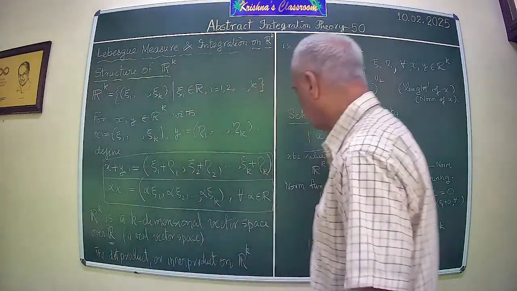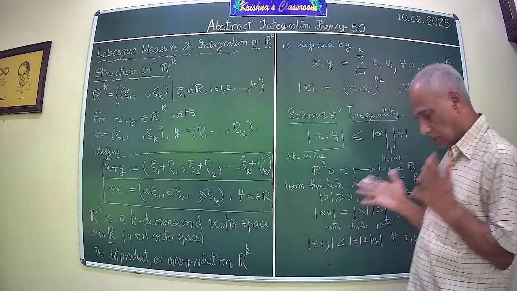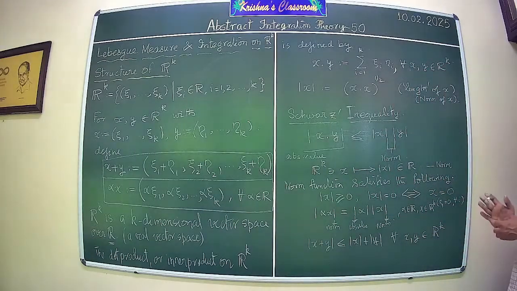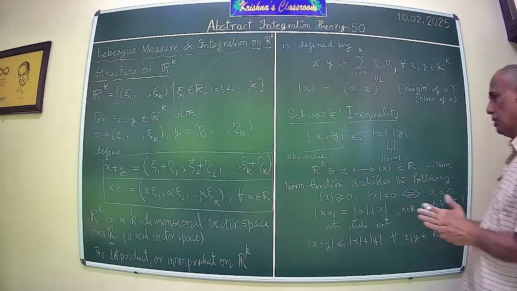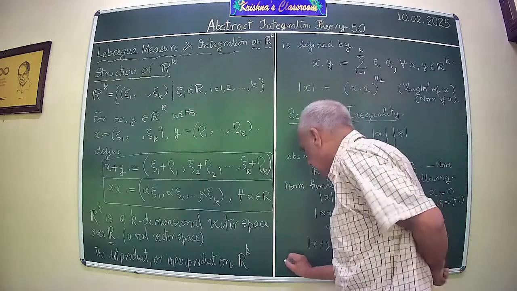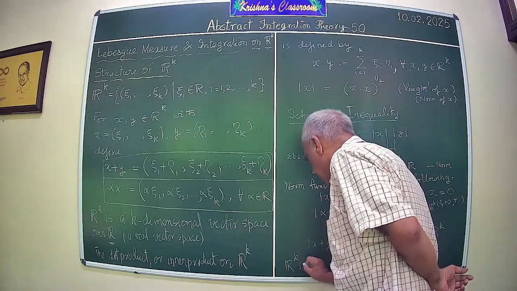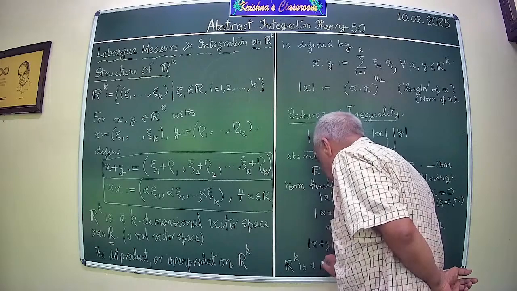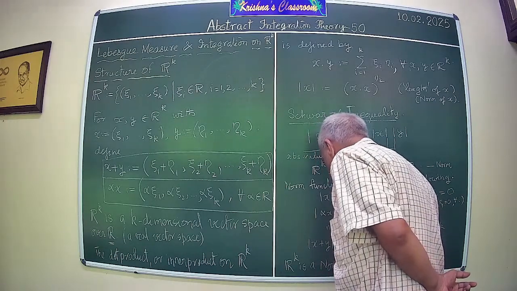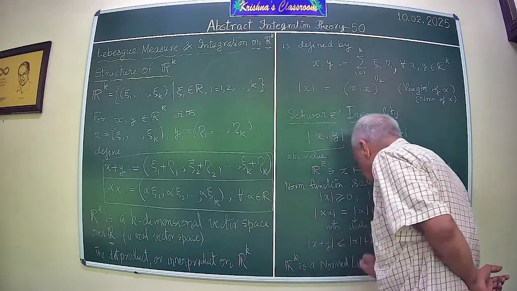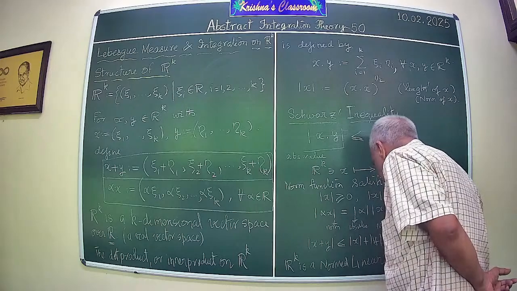It satisfies all the properties of the length function, and therefore R^k is a normed linear space.